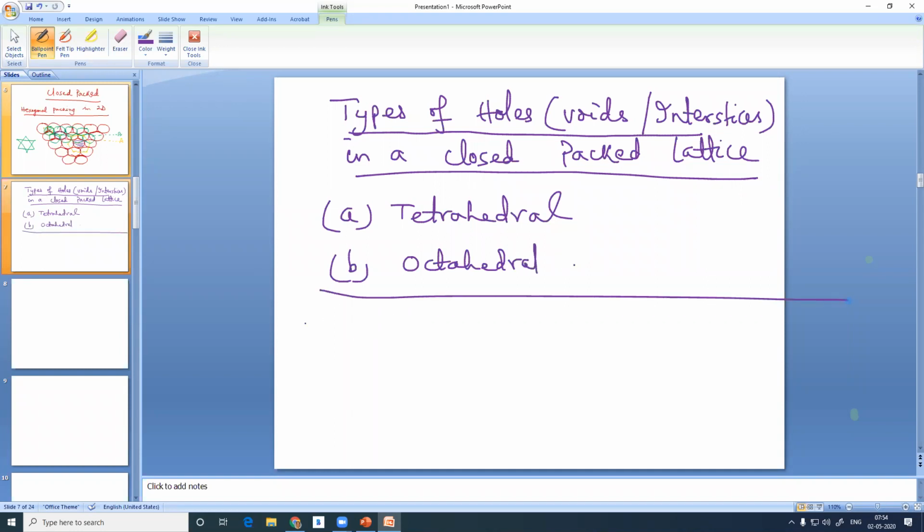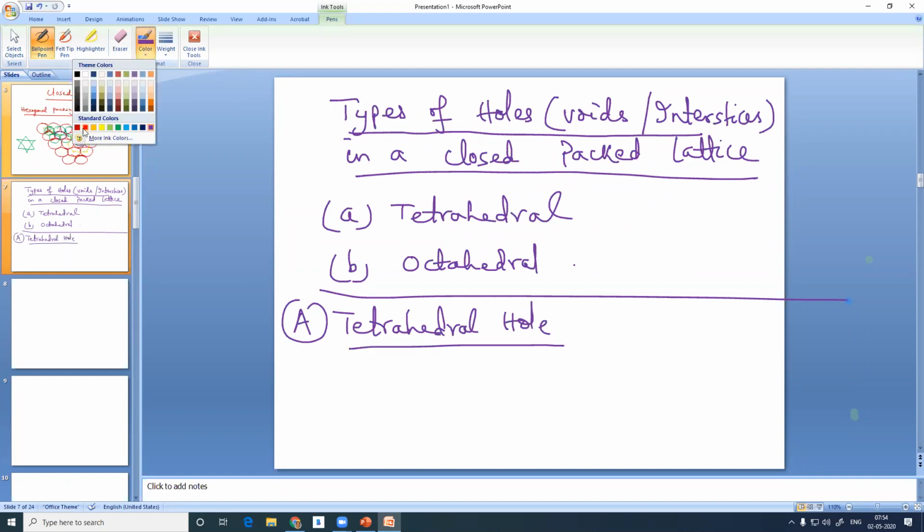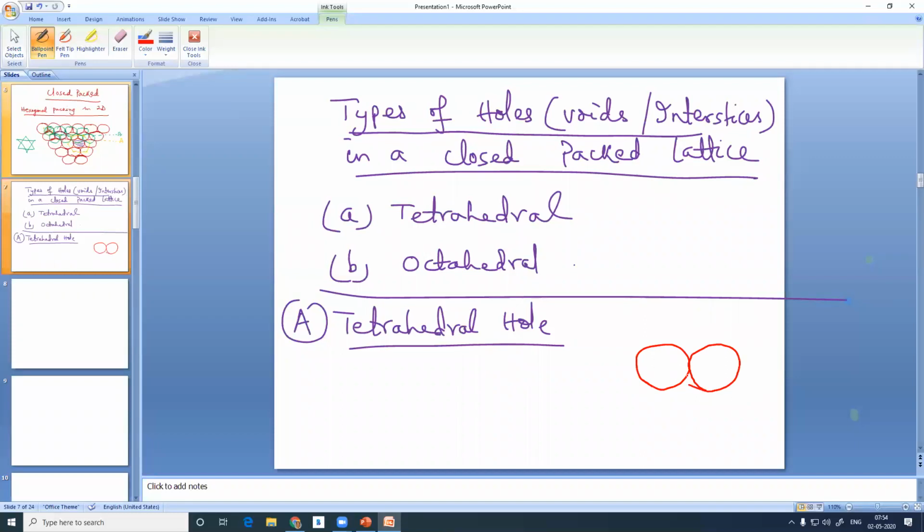Let us first draw a diagram, a befitting diagram. I told you to have different colors. These are the three forming an equilateral triangle. I will just give you the definition, don't worry.